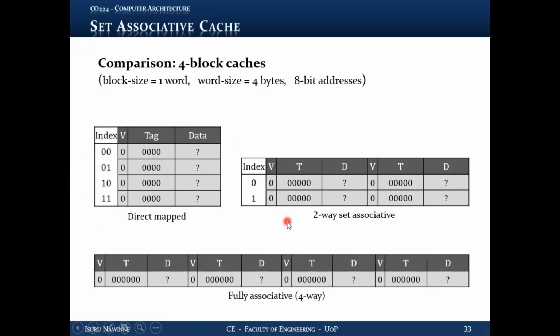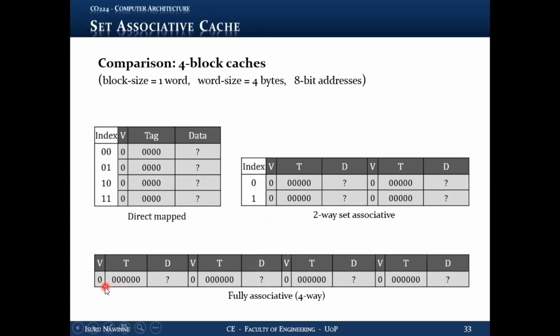as index field. Then the two-way set associative implementation, the 4 blocks can be organized like this: 2 entries with 2 blocks in each of them. So you need 1 bit to identify these two different entries, right?